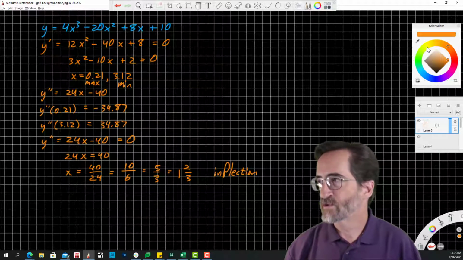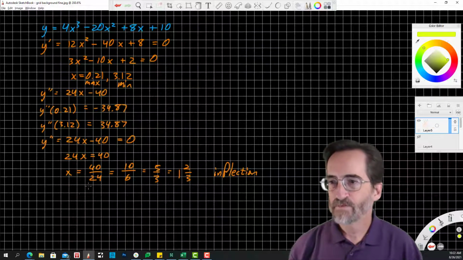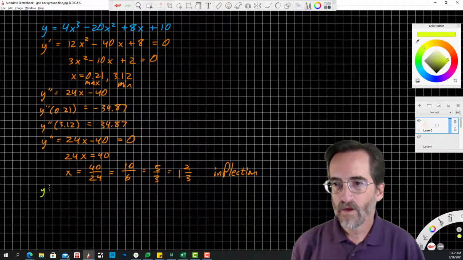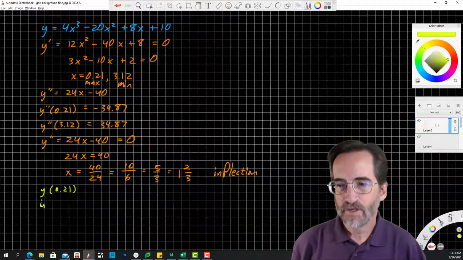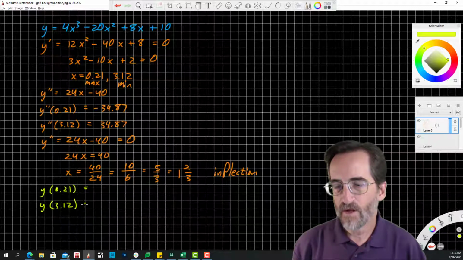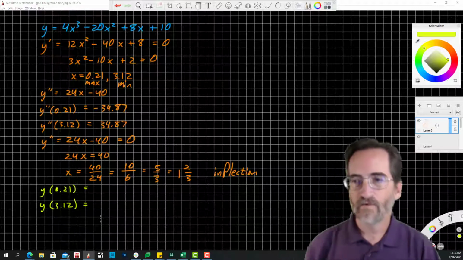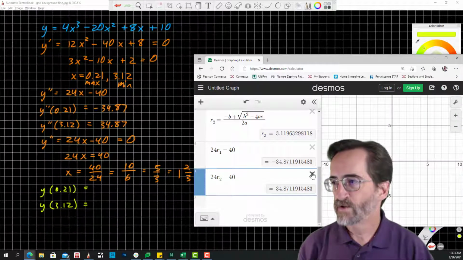So let's do y of 0.21 and y of 3.12, and find out the function values at those points.